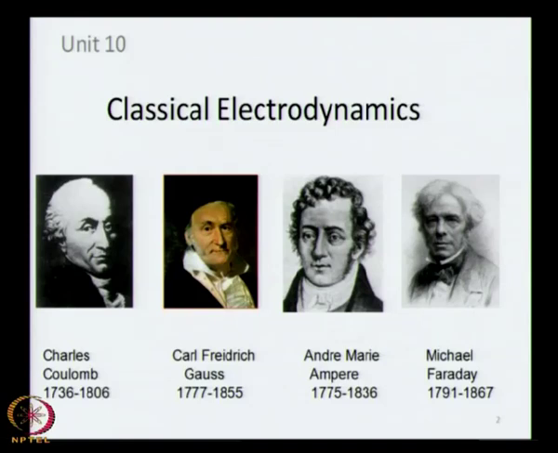So, these were brilliant experimentalists, and they carried out some very fascinating experiments, and from these experiments they compiled a lot of information which led them to formulate what we would call a law, in the sense that it always worked. No violation to this is found, and therefore, you call it a law. So, there is a Coulomb's law, there is a Gauss's law, there is an Ampere's law, and there is a Faraday law, or the Faraday-Lenz law as we will call it.